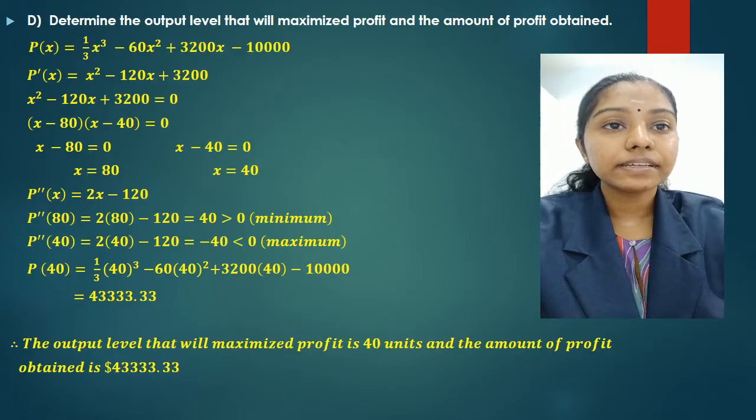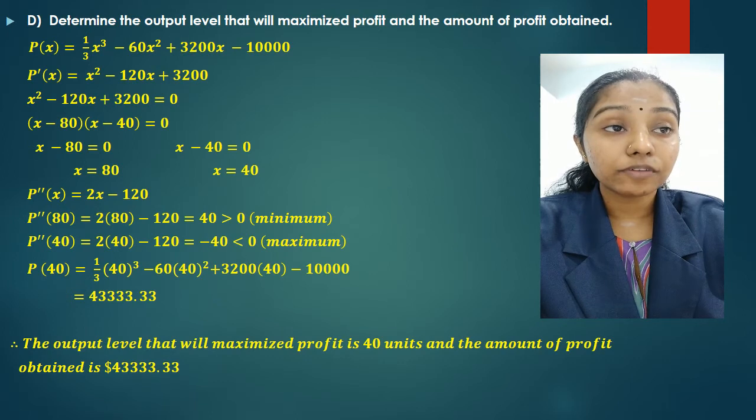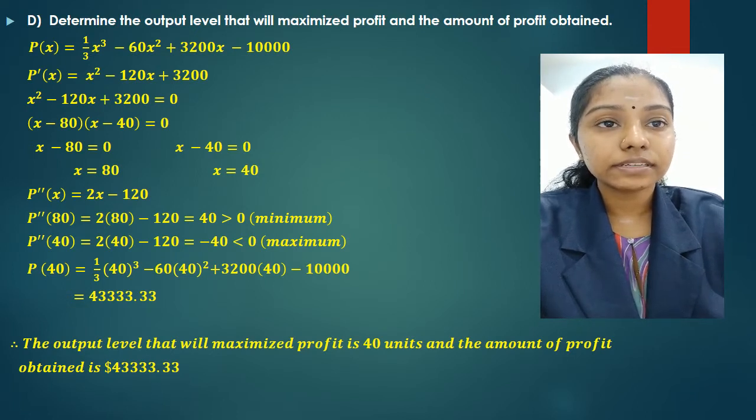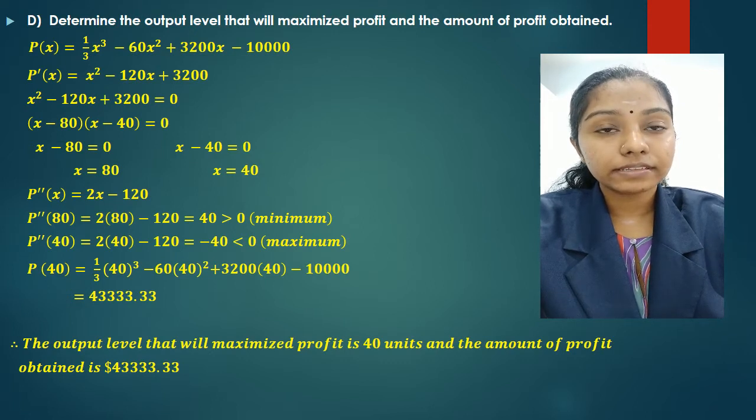Question D. Determine the output level that will maximize profit and the amount of profit obtained. The profit function is 1 over 3x cubed minus 60x squared plus 3200x minus 10,000. From that, we can find that the derivative function of the profit function is x squared minus 120x plus 3200.